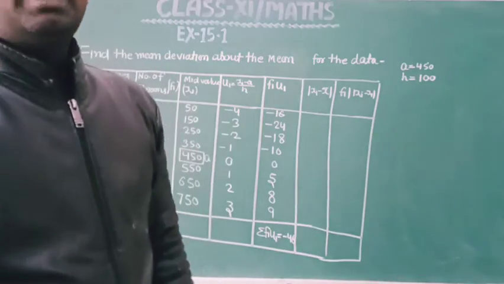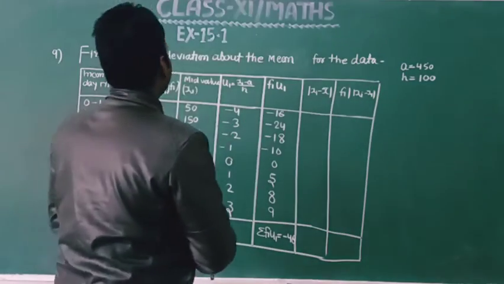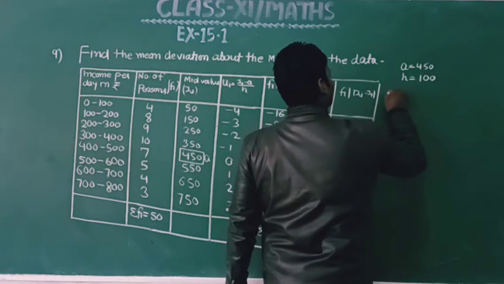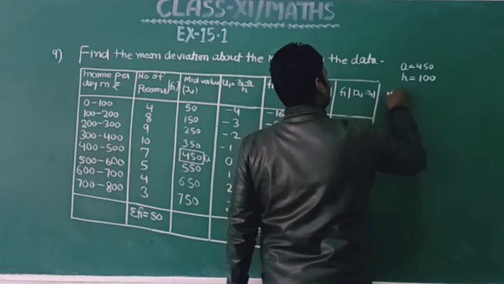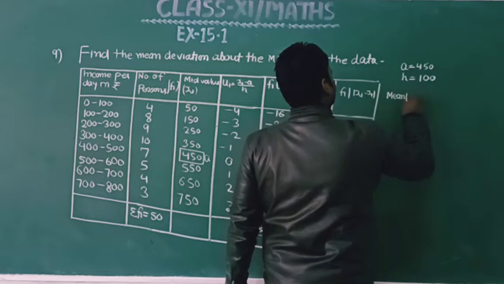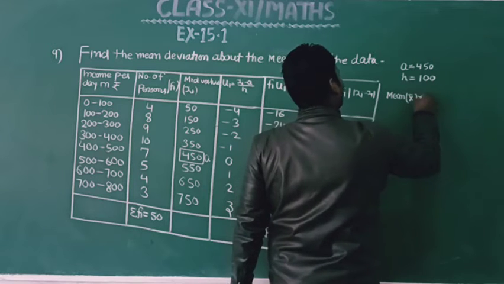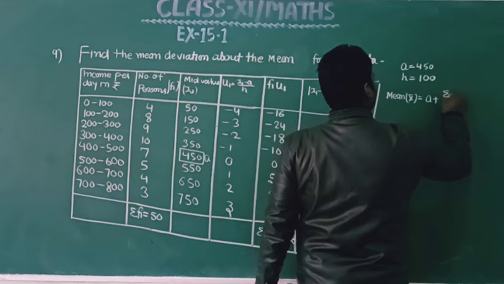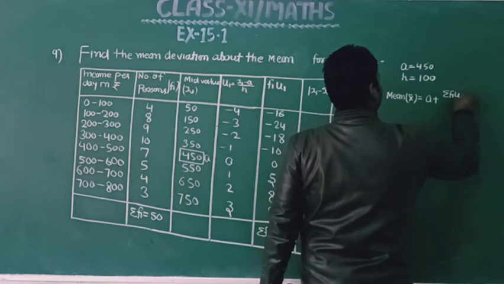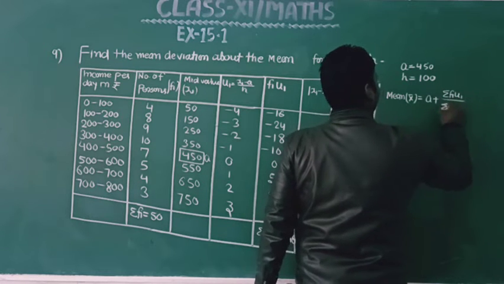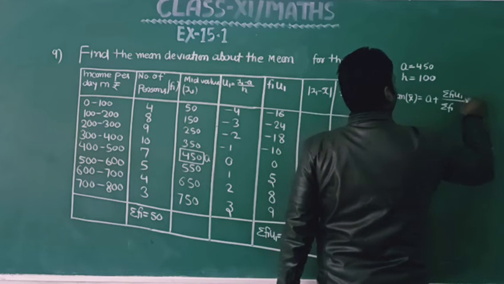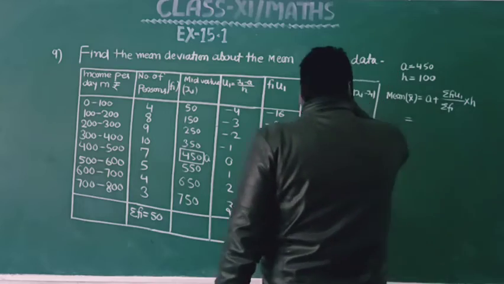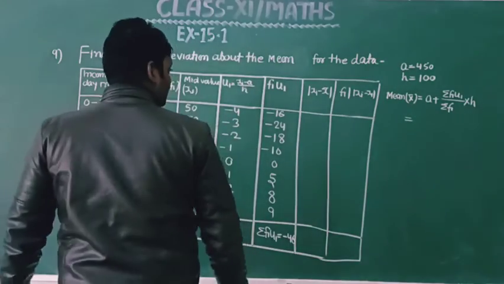Next we need to find the mean. So mean, x bar, equals a plus sigma fi ui divided by sigma fi, into the size of the class interval h.